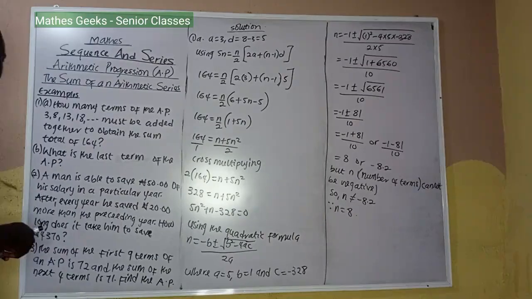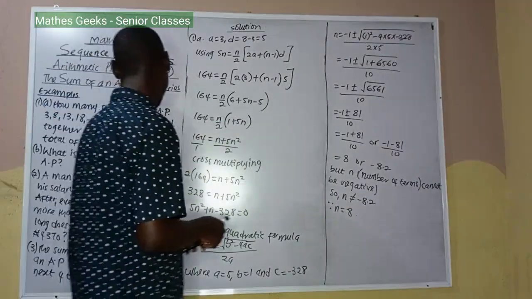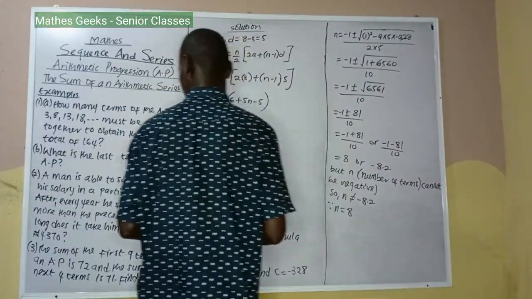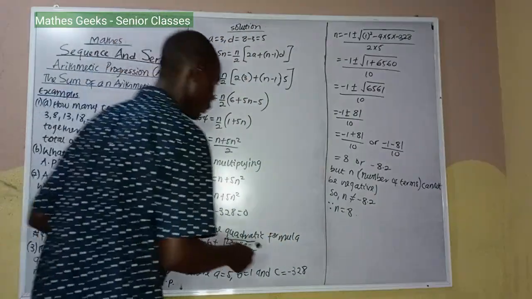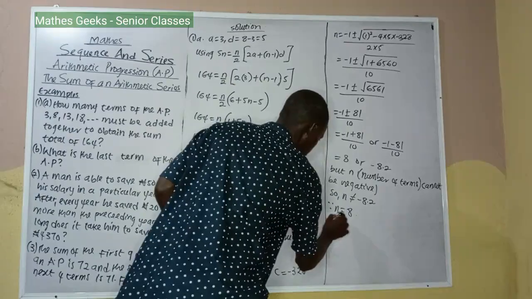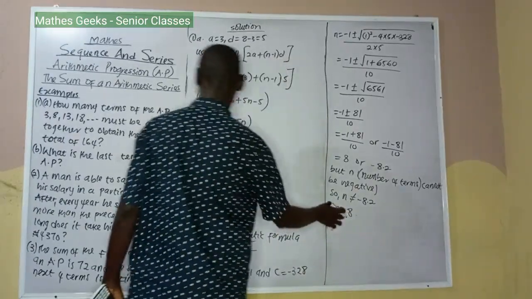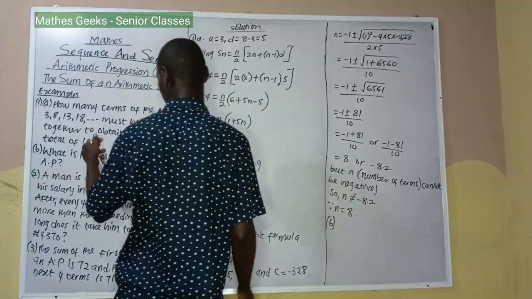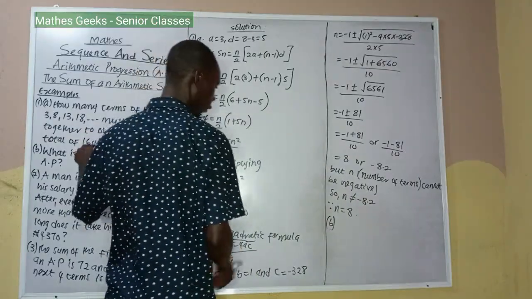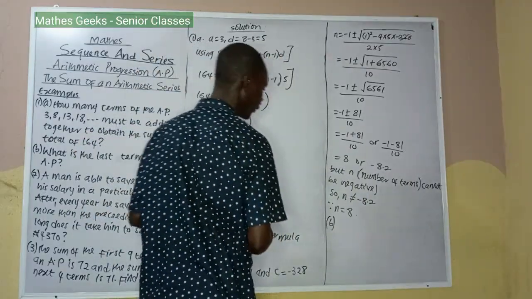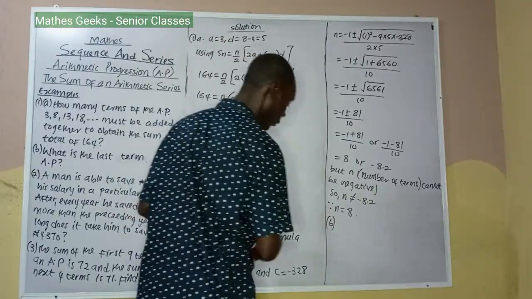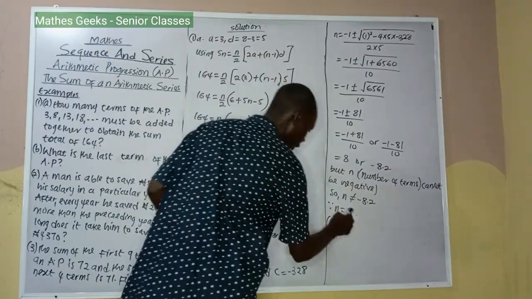Then B, what is the last term of the AP? Since the number of terms that must be added to get 164 is 8, that means the AP has 8 terms, so the last term will be T8.